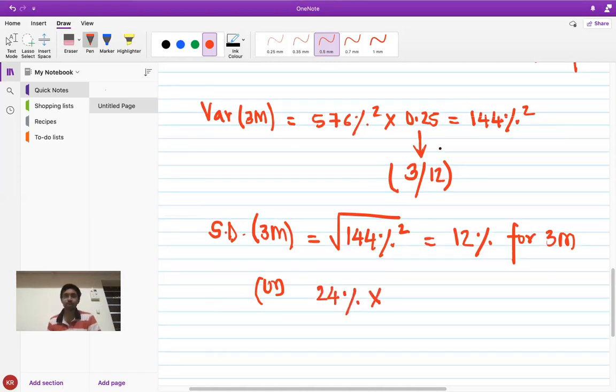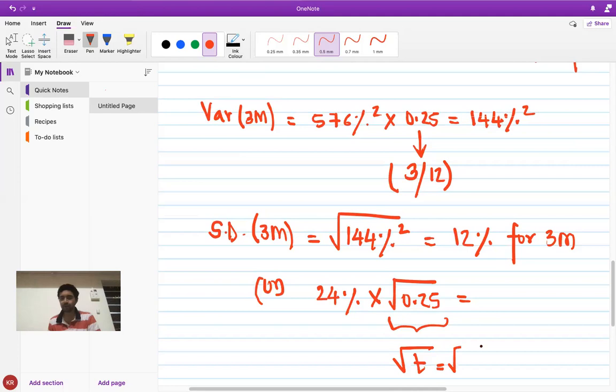You should not multiply it with 0.25, you should multiply it with square root of 0.25. That is what I meant when I said standard deviation is proportional to square root of time. This is square root of t or square root of 3 by 12, and square root of 0.25 is 0.5. So 24% into 0.5 is nothing but 12% for 3 months.